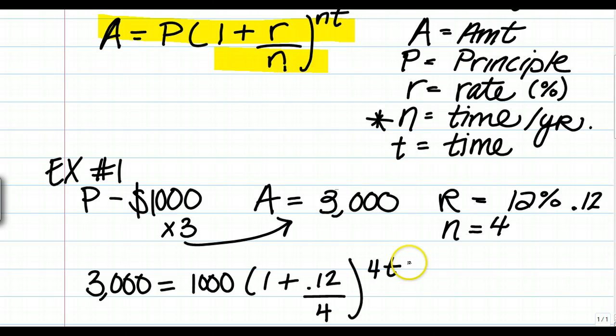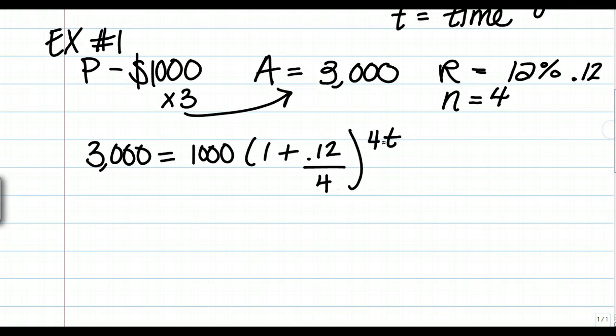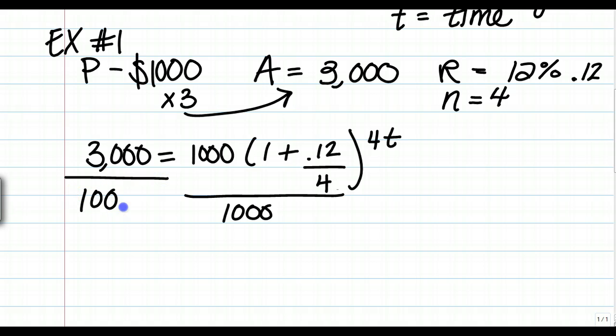Well, all we know is that we need to make $3,000. So we have to see how long it's going to take, so we have to solve this problem. The first thing I would do is divide everything by 1,000, so I can get rid of this and just focus on the parentheses and my exponent. So 1,000 goes into 3,000 3 times.